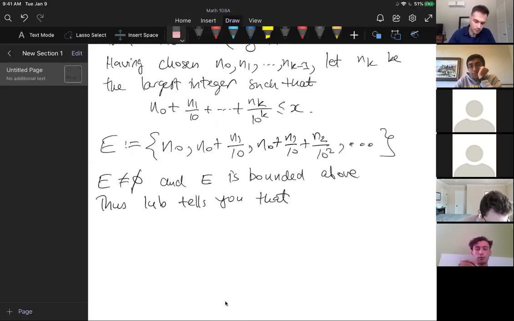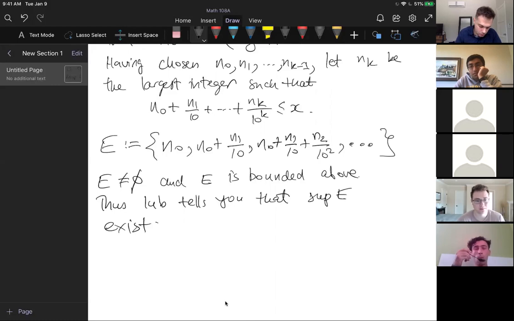So the least upper bound property tells you that the supremum of E exists. Okay? And you conclude, and so I want you to have a think about this, not now, but later. In fact, the supremum of this set is just X itself.